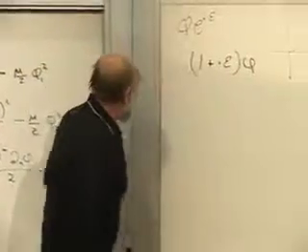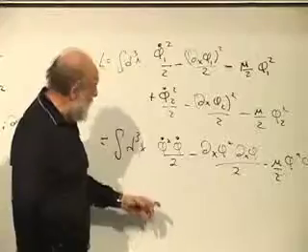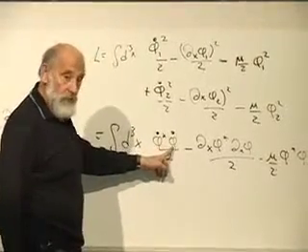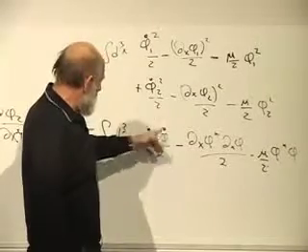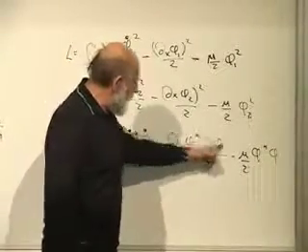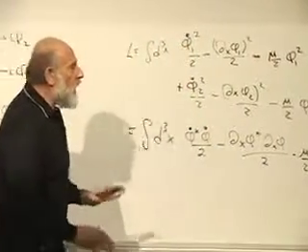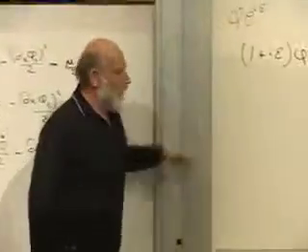And so phi times phi star, phi dot times phi star dot, you know what I meant, phi star dot times phi dot. Any of these expressions involving a star times an unstarred thing will not change if you just multiply phi by e to the i epsilon.